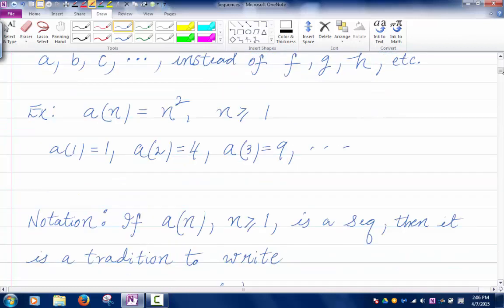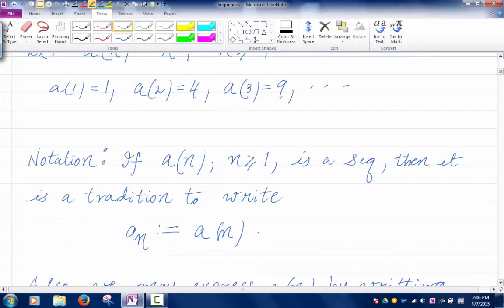There is another tradition when we speak about sequences, and that tradition is that instead of writing a parentheses n, we write a subscript n. So the value of the function a at n is denoted by a subscript n.